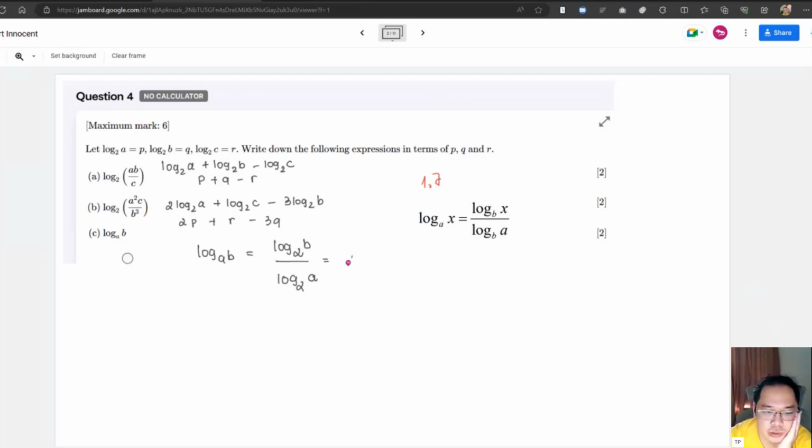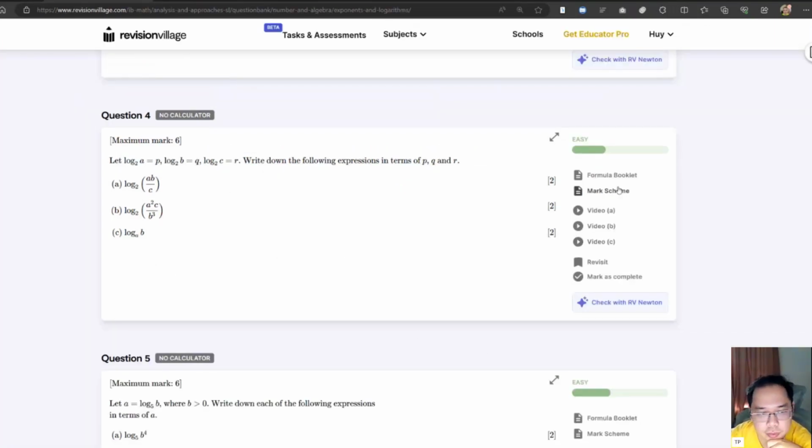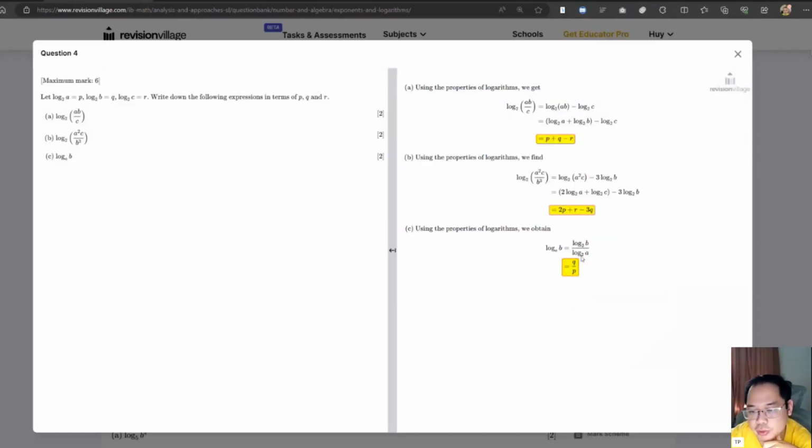Log base 2 of b, b is the x, and divide. No, we still have the ratio Q over P, not Q minus P. This is the division, the ratio between the two logs. It's not a subtraction. So the answer is Q over P. Okay, you got it? Okay, checking answer Q over P here.